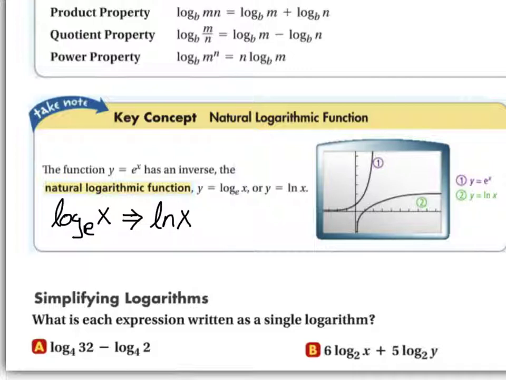Okay? But we don't call that ln x. That's not how we say that. Again, math is a language, right? We got to know how to speak the language. So what we say is the natural log of x.